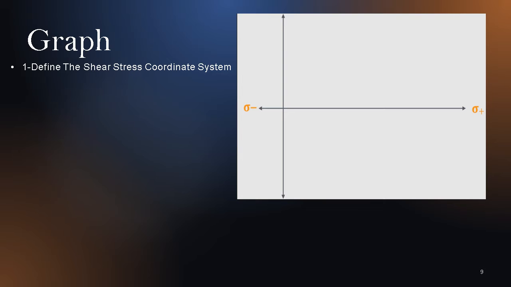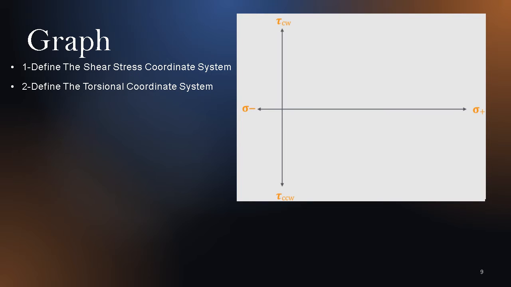Compressive normal stress components are also plotted on the horizontal axis and are negative. Number two, define the shear coordinate system. Shear stresses are plotted above the normal stress axis.